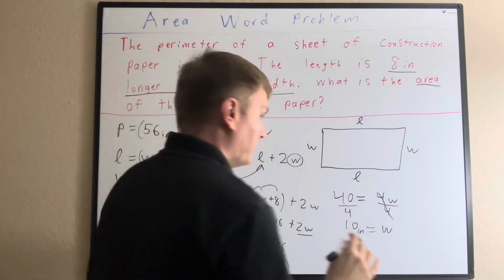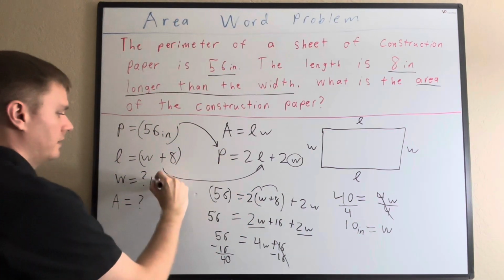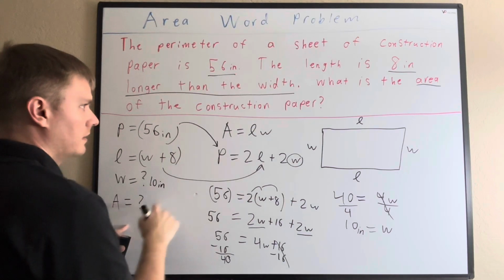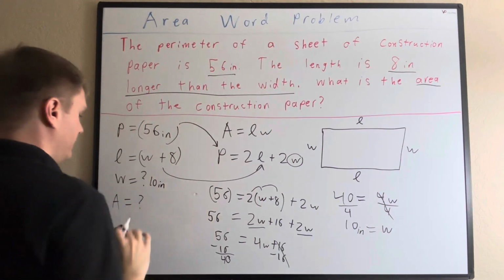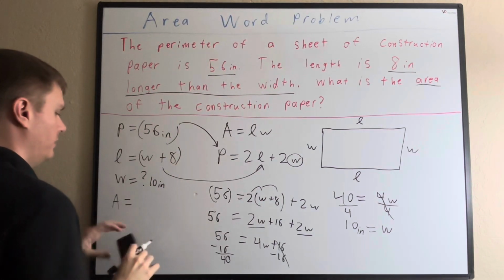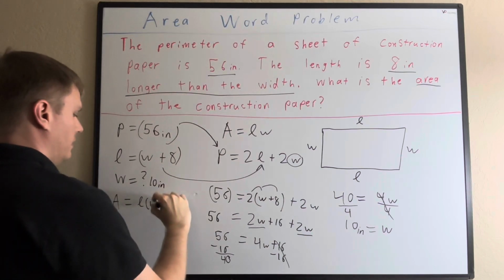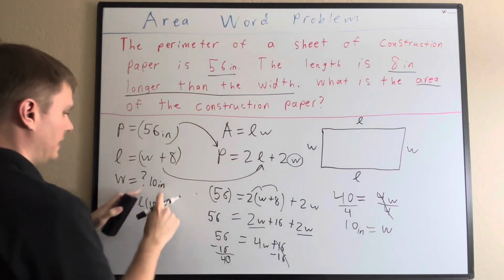Okay, so are we done yet? No. We have the width, 10 inches. What's the area? I don't know. It's length times width. So we have L times 10. What's L? L is W plus 8.